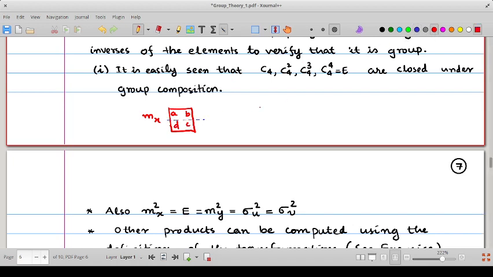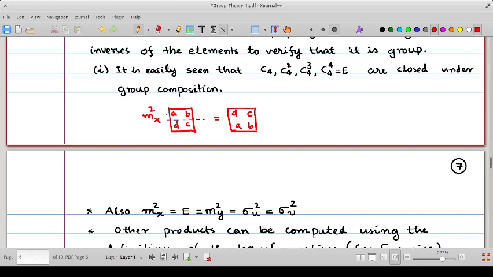So the result is that A and D get interchanged, so D, then C and B get interchanged. So DC AB.